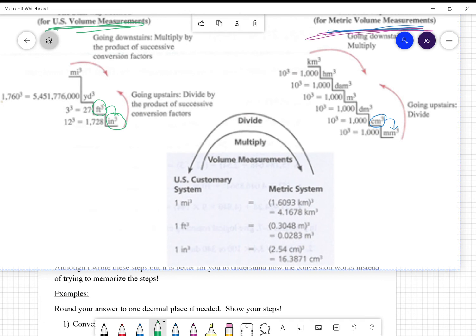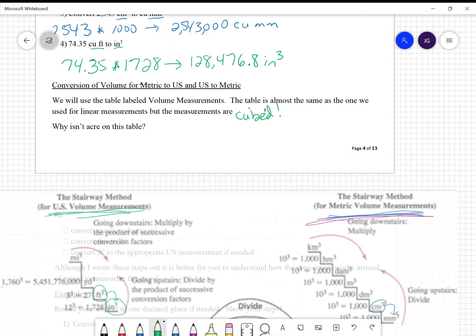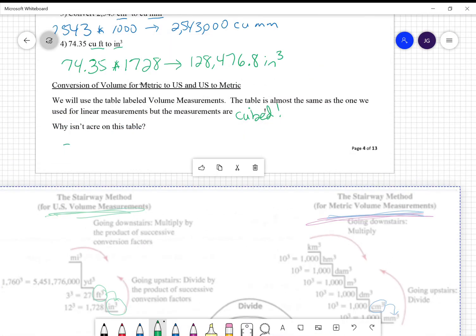Acre is an area measurement, not a volume one.